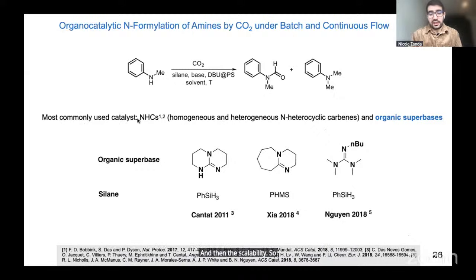So there is a side reaction involved in this transformation, which generates hydrogen upon contact of the catalyst with the silane. And this could be tricky to scale up in batch, and that's why we wanted to develop a flow chemistry approach with a heterogeneous organocatalyst for this.